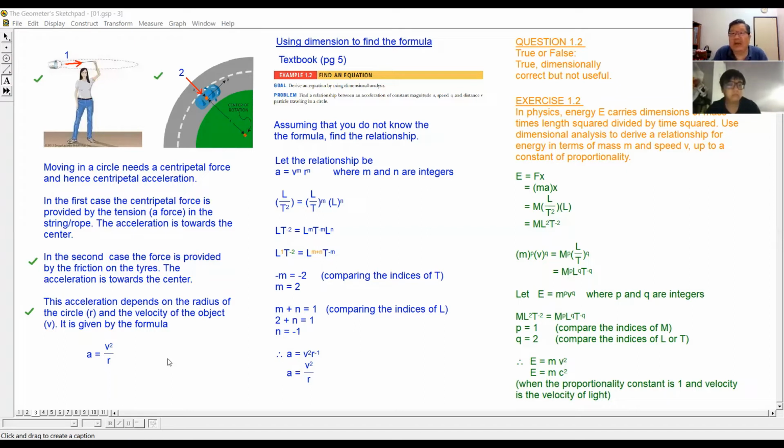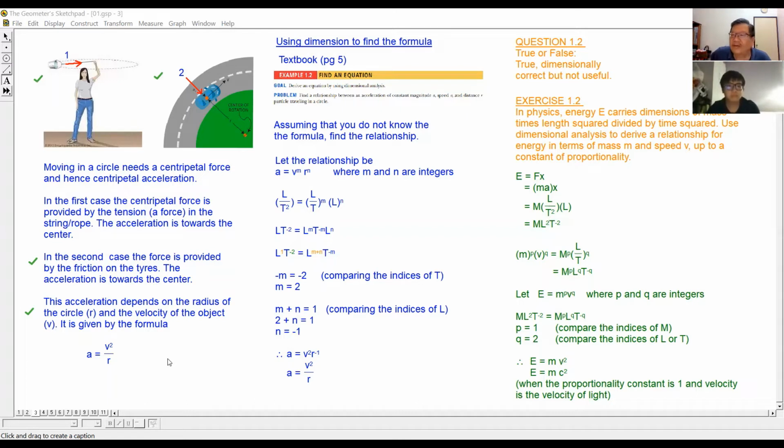In what way they are related, we have not studied before. So don't worry. We check the dimension, and the dimension will tell us exactly how these three factors are related to one another.